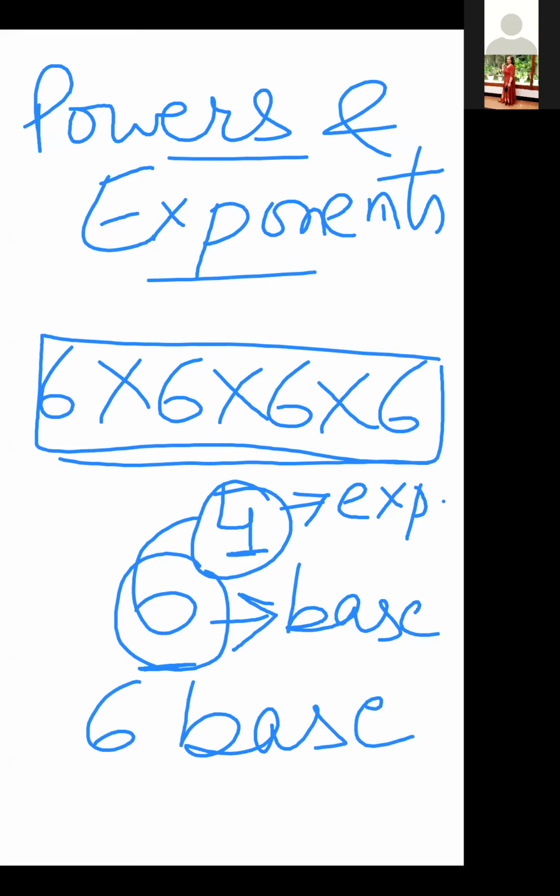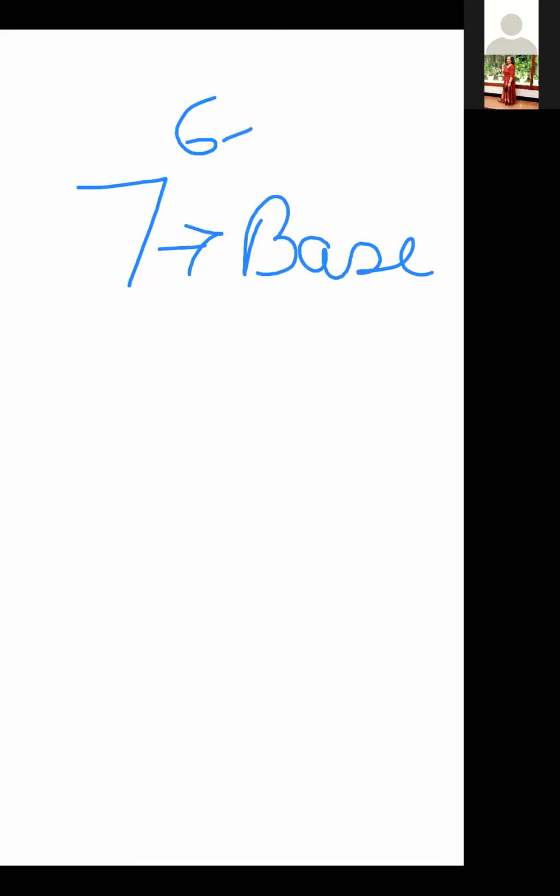See one more example. If I write 7 raised to power 6, it means 7 is the base and 6 is the exponent, which we also call the power.